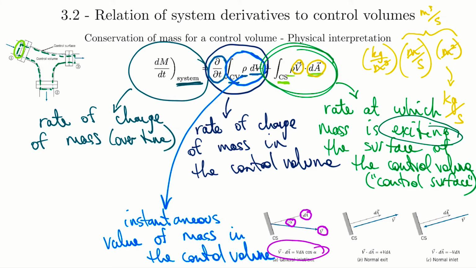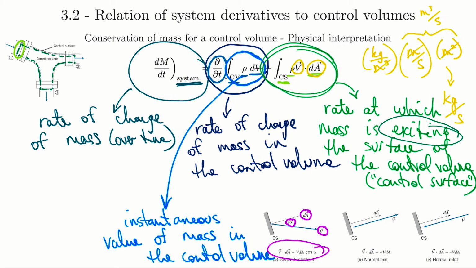If we look at the case where it's normal, B is a normal exit, so the angle between the two is now 0. The velocity and the dA vector are both normal, so that's just a positive quantity. That's why, the way this is written, when this term is positive, that means exiting.